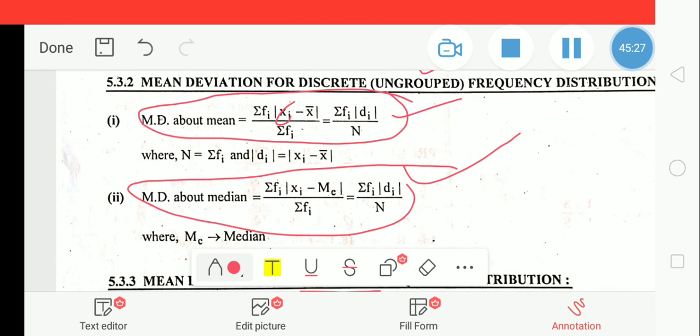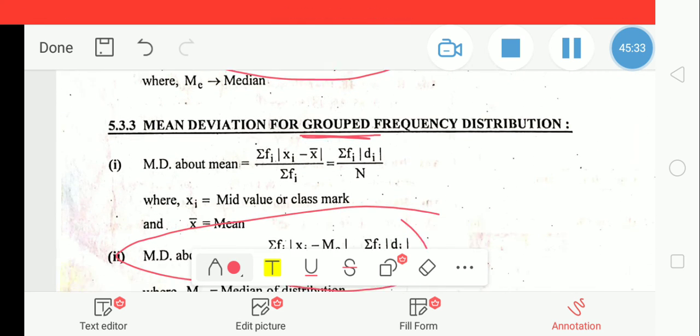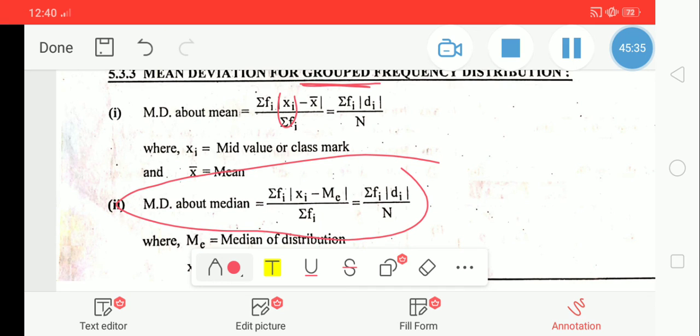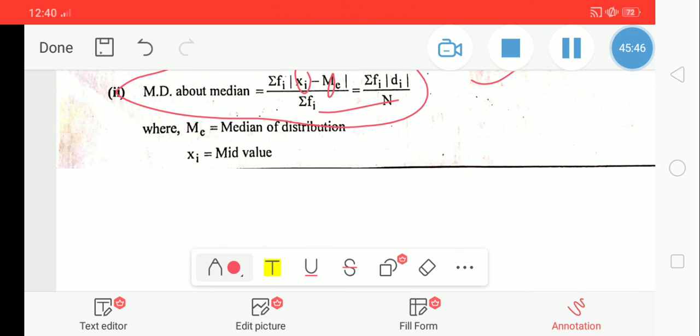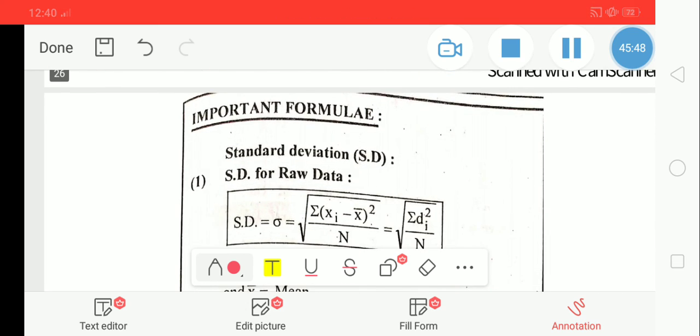Same here, xi is the class mark, x bar is the mean, and m is the median. So both are the same. Some formulas are just slightly changed.